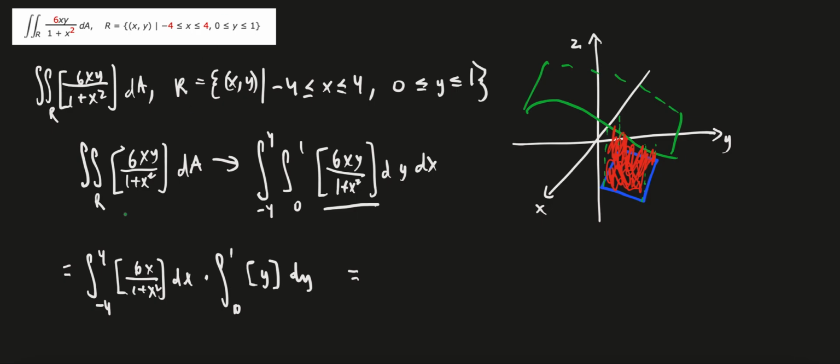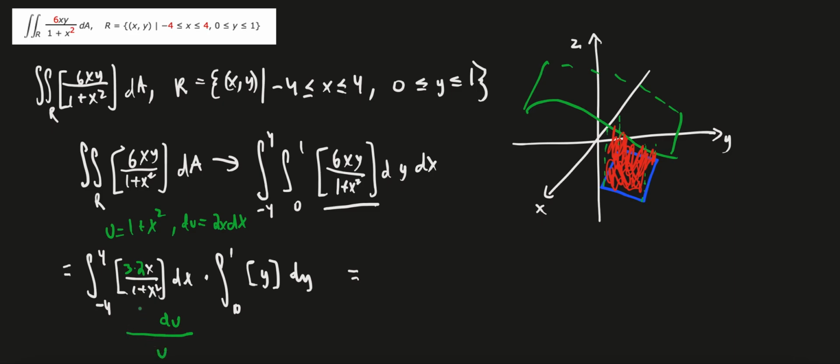So if I just go ahead and set my u, in this case, equal to 1 plus x squared, not 2x, 1 plus x squared, then du equals 2x dx. Here we can split this up as 3 times 2x dx, which is du, divided by u.